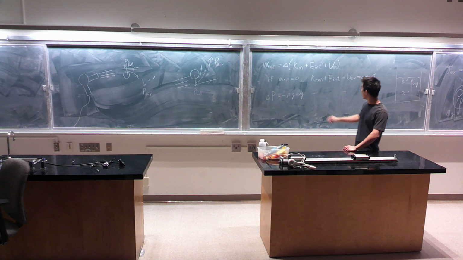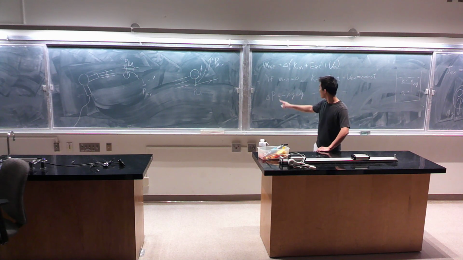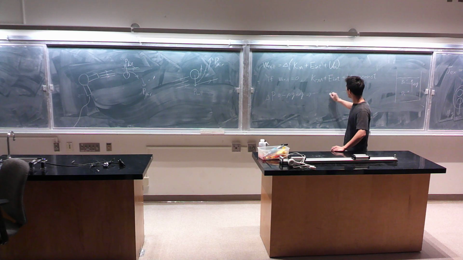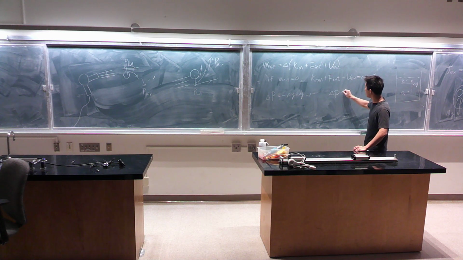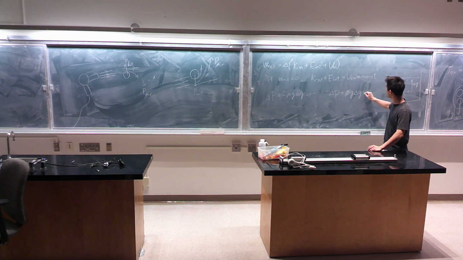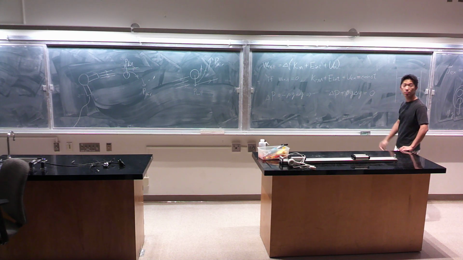Now, if I move this term to the other side, I get the change of pressure plus rho, density, times g times the change of height is 0.